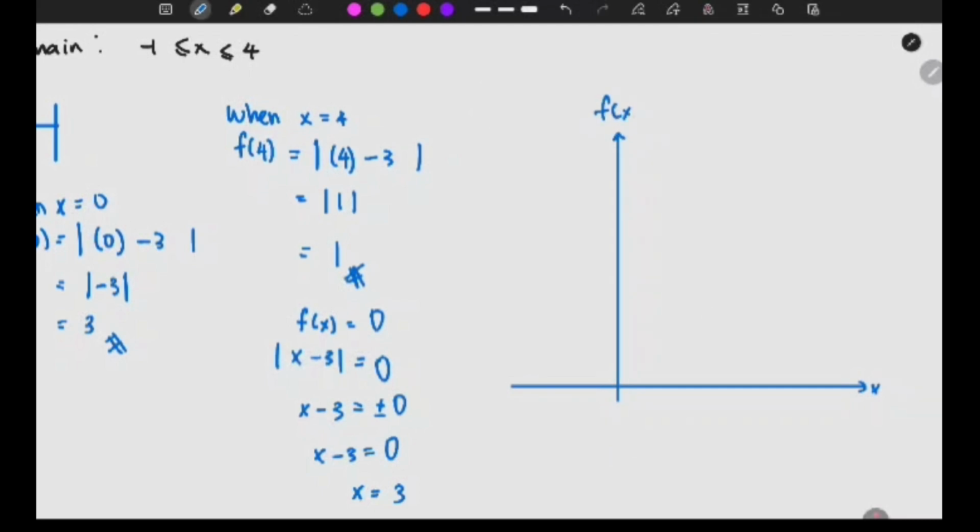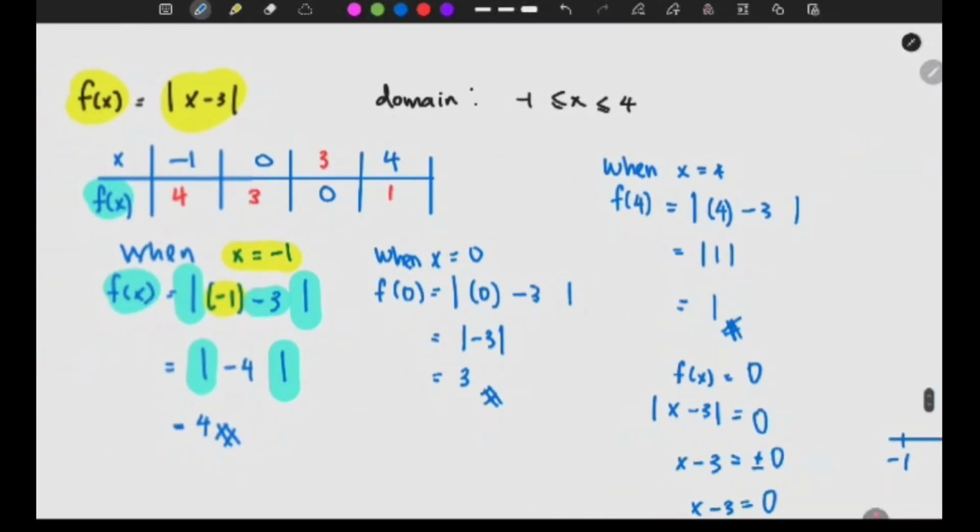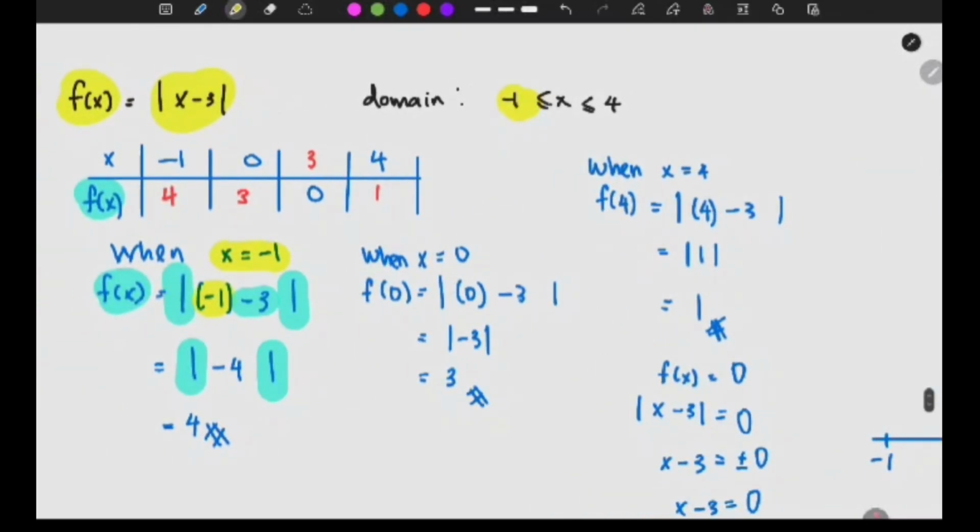Guys, don't forget the range. Your table follows your range. The exam usually will give you the range. 99.999% the question will give you the range if you want to sketch the graph. You have to follow the range, -1 to 4.